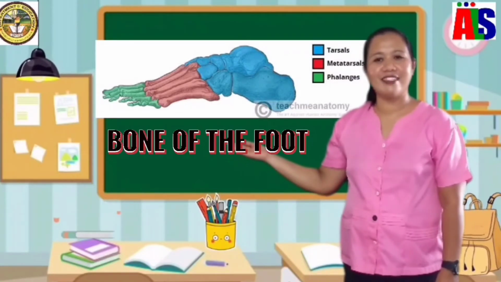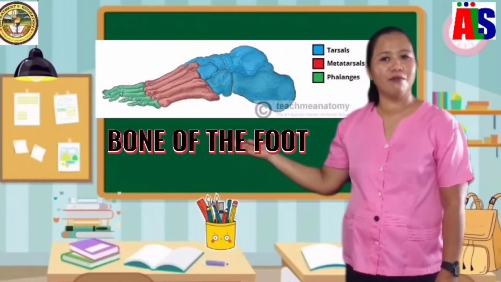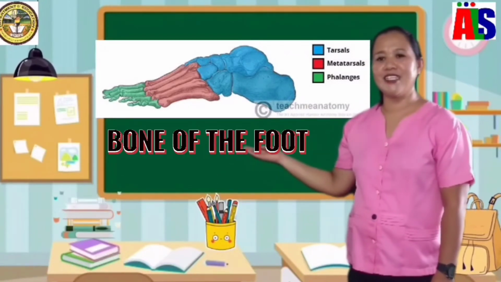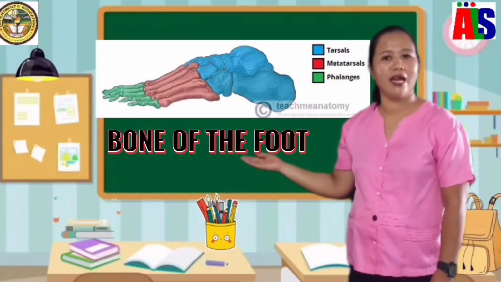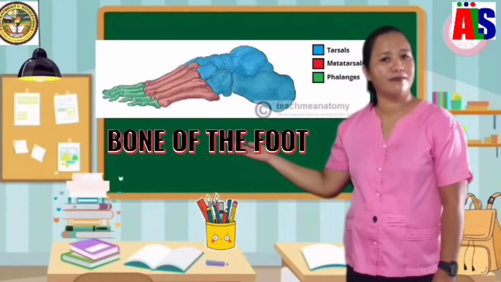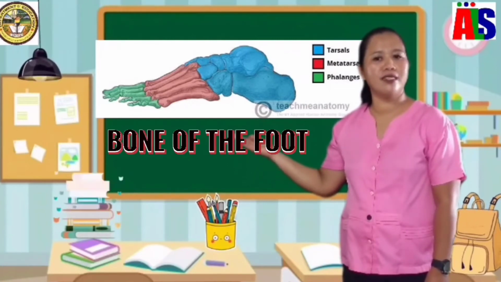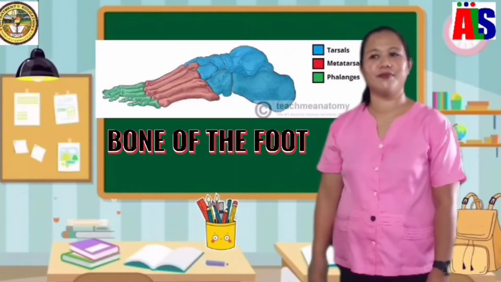The tarsals are 7 bones that make up the ankle. The metatarsals are the 5 bones that make up the middle area of the foot. The phalanges are 14 bones that comprise the toes.